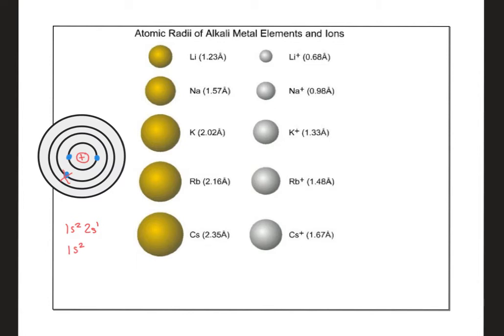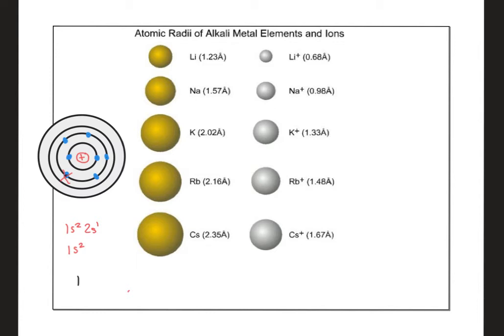If we have something like this, and I remove one of the electrons, so pretend this blue one, the one that's crossed off, this one counts now.